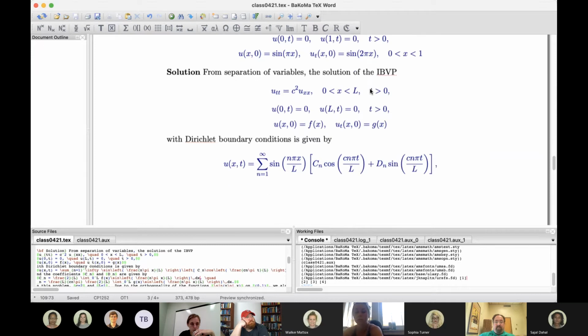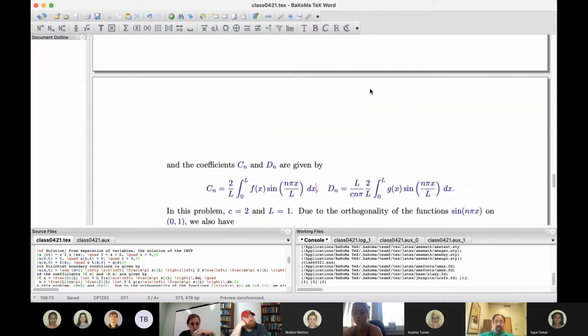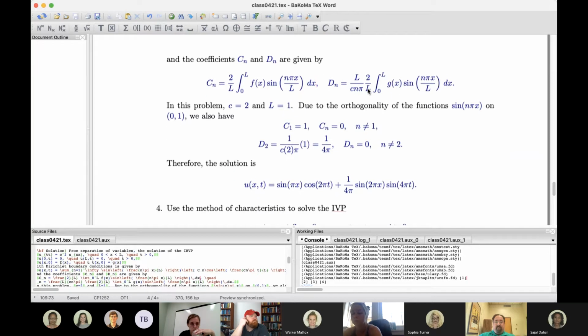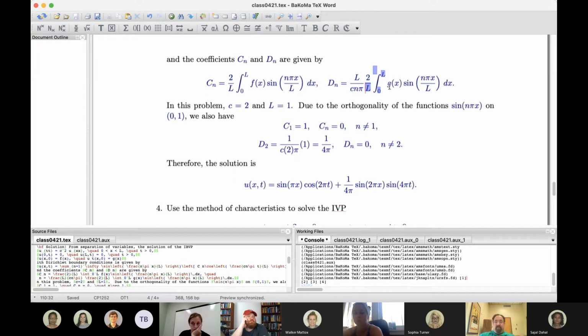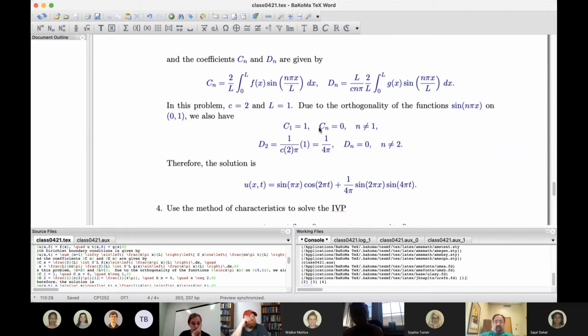So what that means is when n is equal to 2, this integral, 2 over L onward, so everything except this factor out front, would be equal to 1. And so I got that here. And then you have to multiply by this, and that's where 1 over 4 pi comes from.